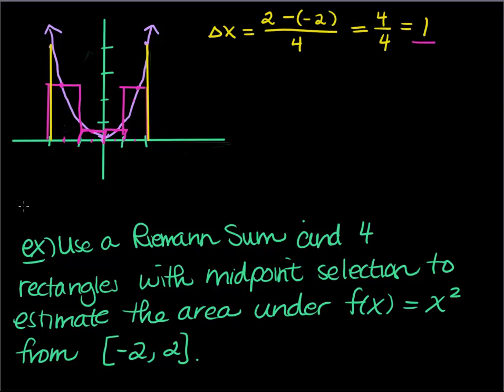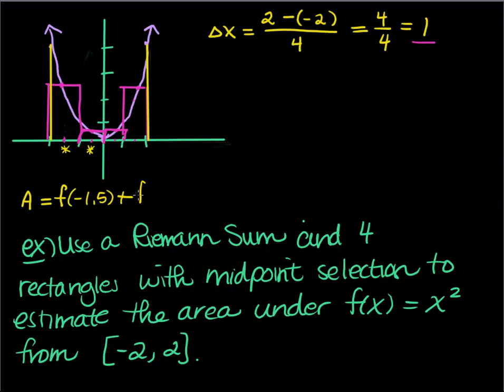So my Riemann sum, the area equals, let's look at this first one right here. What is halfway between -1 and -2? That would be f of -1.5 times the height, which is just 1. So I can just do plus. Okay, let's do this one now.